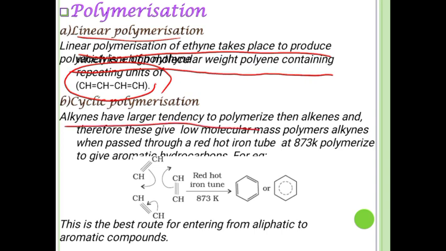Alkynes have a larger tendency to polymerize than alkenes, and therefore this gives low molecular mass polymers. If we pass it through a red hot iron tube, it will polymerize easily. It will polymerize cyclically. If we take 3 molecules, it will polymerize cyclically and form cyclic compounds like benzene, aliphatic or aromatic compounds.